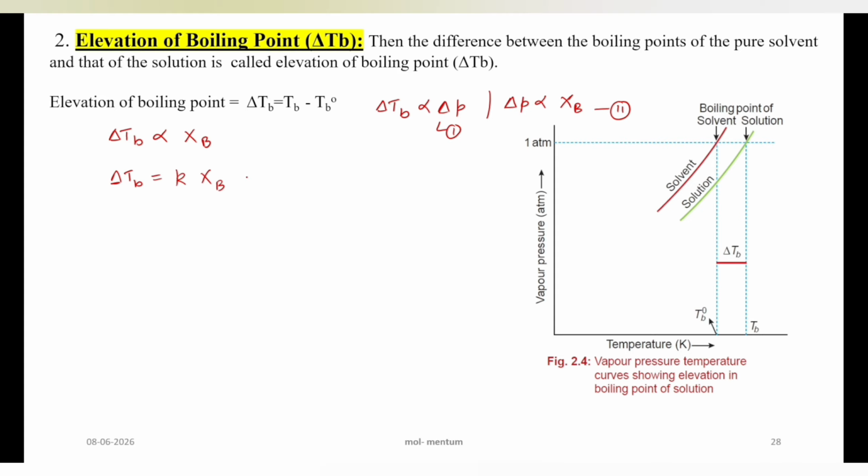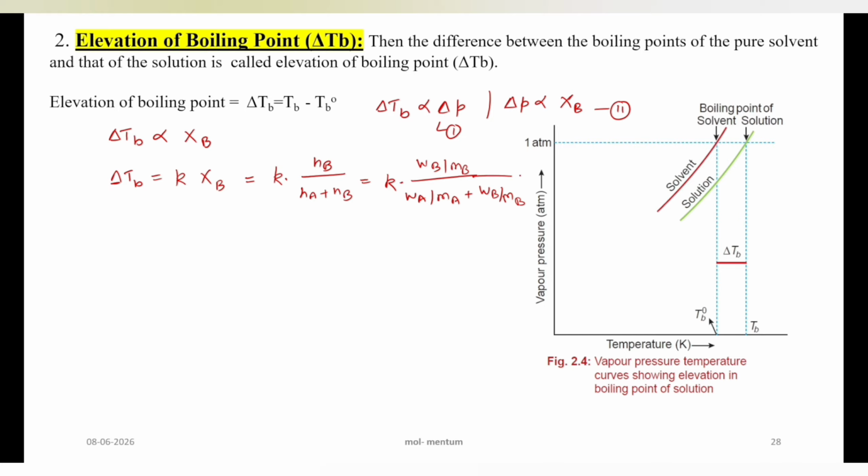Okay, again we have to do the same thing. Chi B is what? It is mole fraction of B. So mole fraction of B can be written as NB upon NA plus NB. Now NB can be written as WB by MB, and NA can be written as WA by MA, plus NB again can be written as WB by MB.